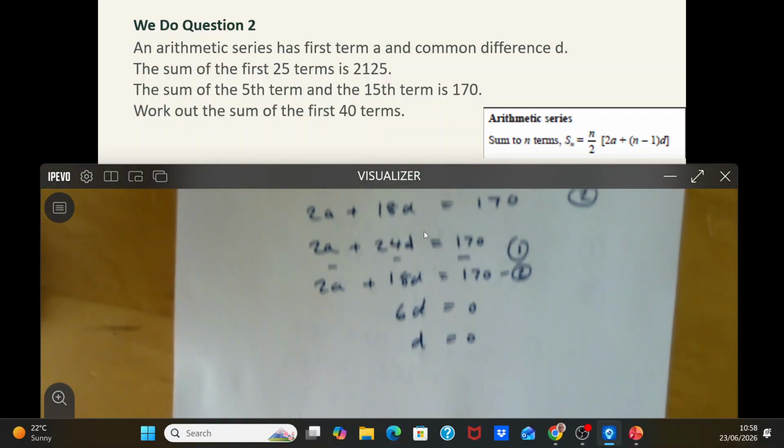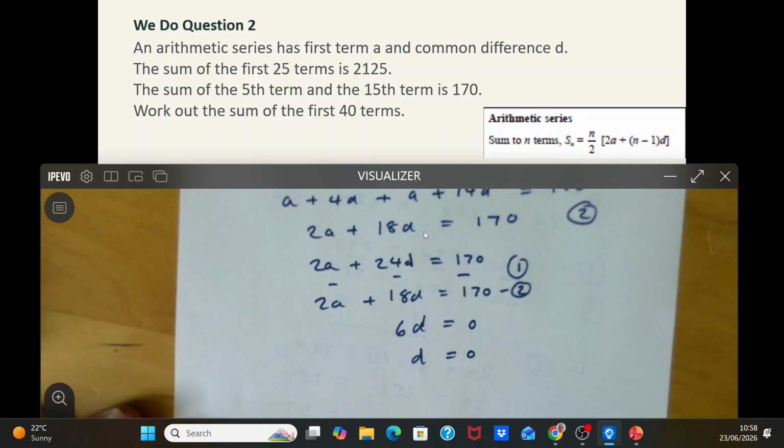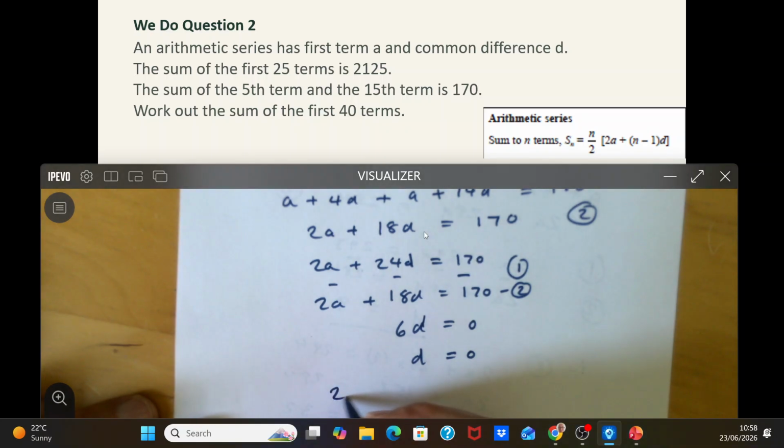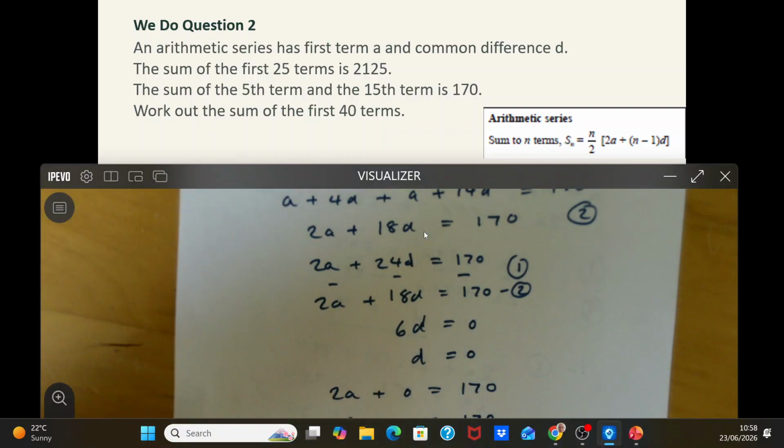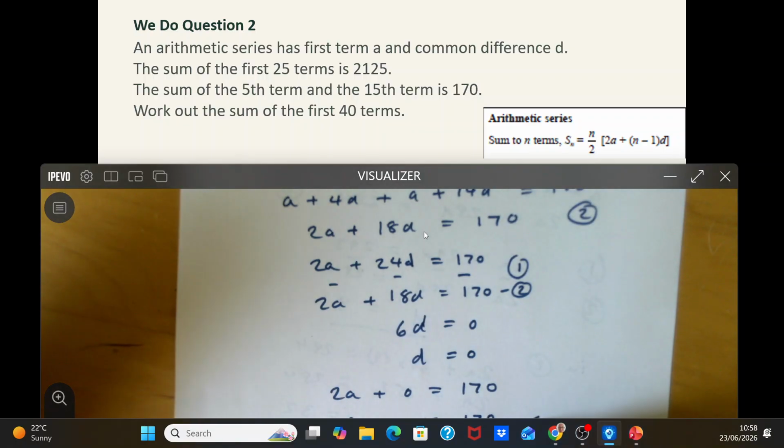So if I know d equals 0, how am I going to work out a? So we know 2a plus 0 equals 170, so a equals 170 divided by 2, which gives you 85.